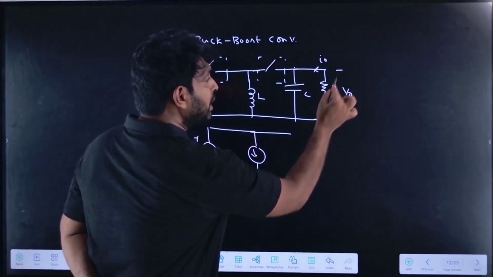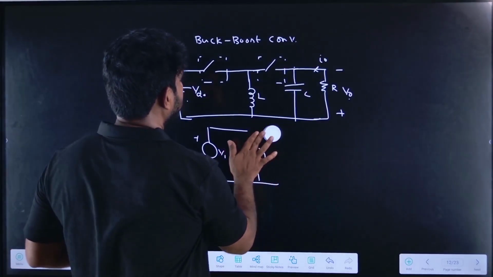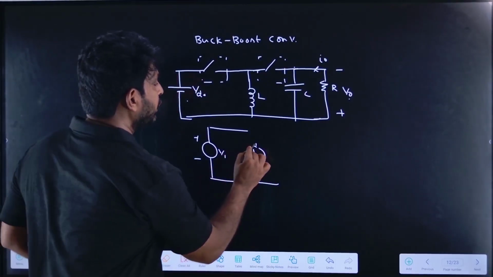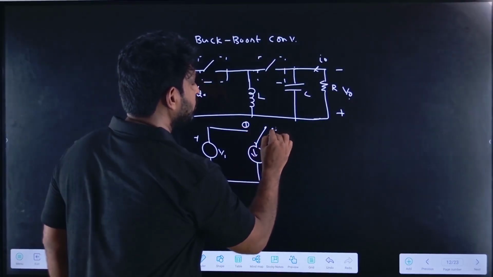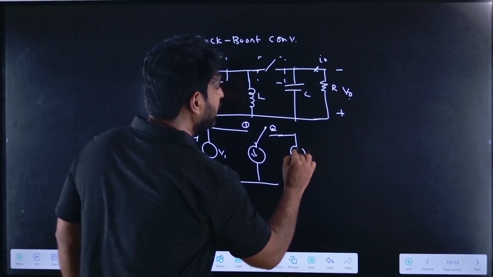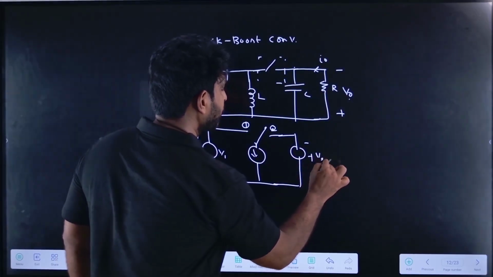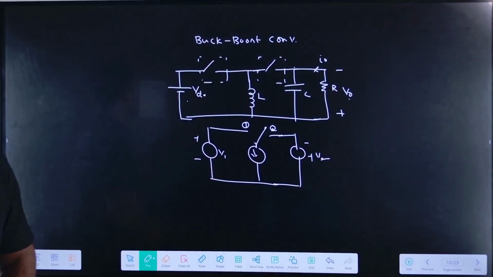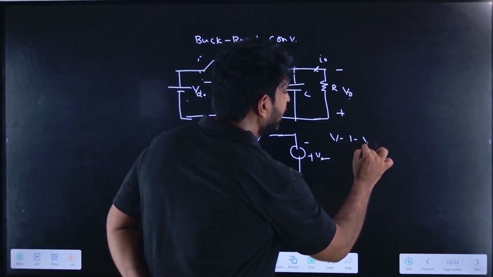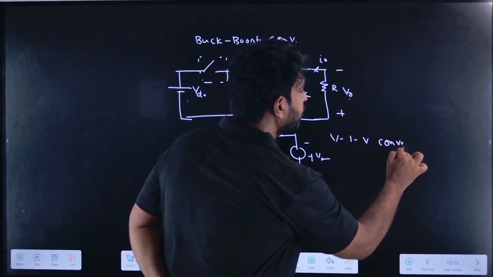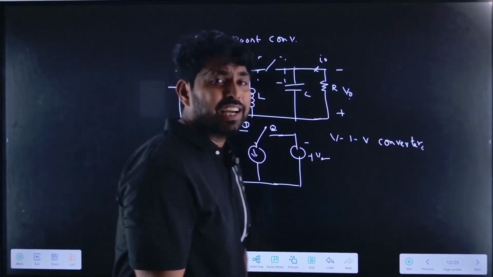Let us assume that the output also has a voltage source, so we can take it as a switch like this, position 1 and position 2, and one more voltage source, V2. So how can we call this converter? It is the VIV converter.